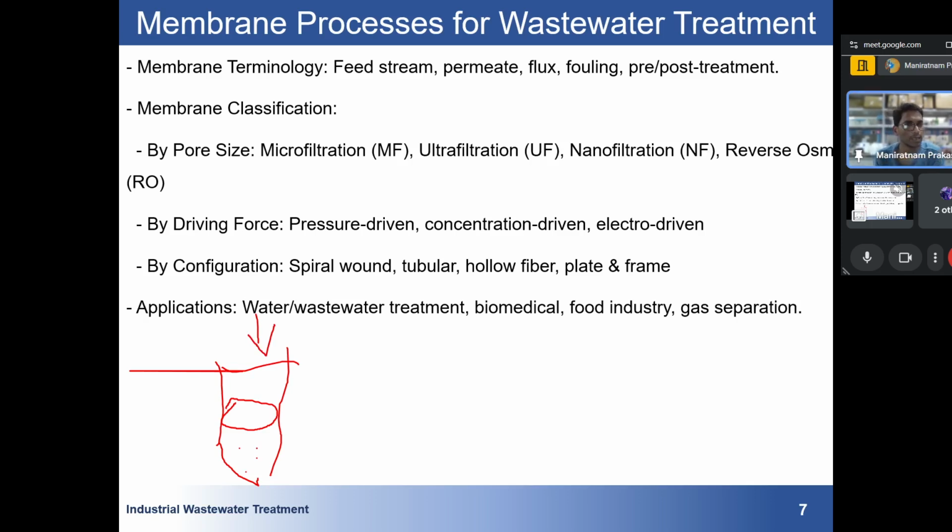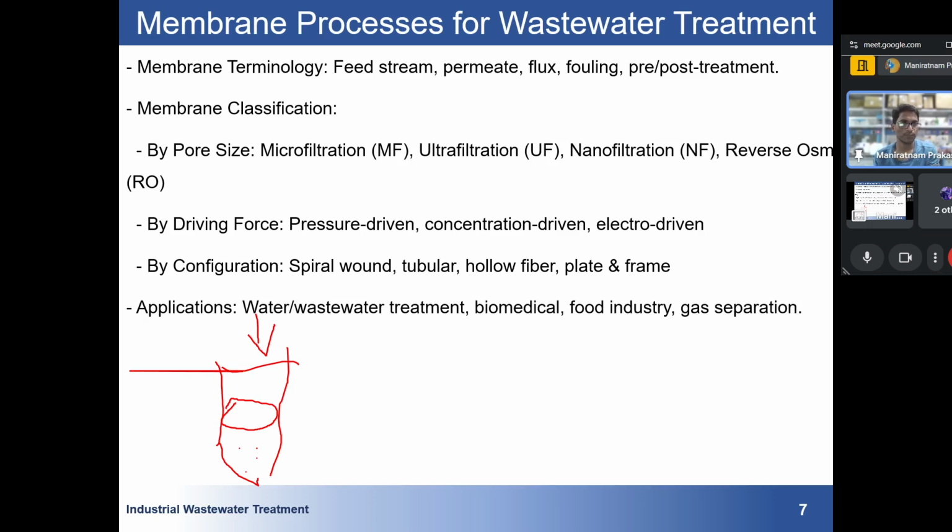Then we have nanofiltration, then dialysis, different terms of membrane. The overall concept is that we are using some kind of membrane to treat our wastewater. First, by pore size: imagine your wastewater contains a particular contaminant of a particular size.